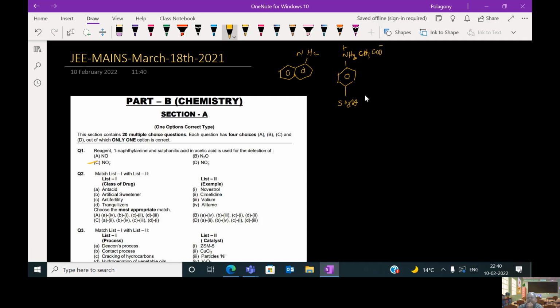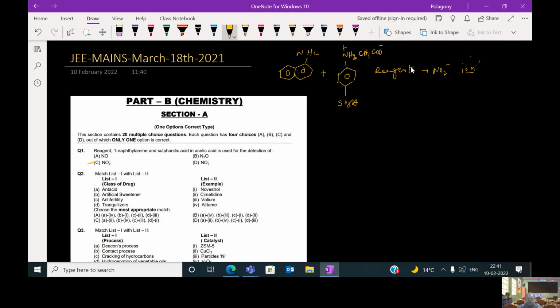This is sulfanilic acid. These are the reagents, a mixture of reagents used to identify the nitrite ion.